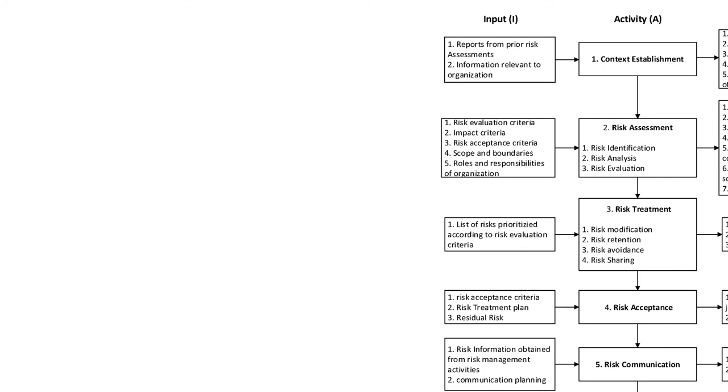So this is how we just discussed the significance of each and every activity involved in the ISO 27005 framework. And now we are going to see each and every activity in a more detailed way.